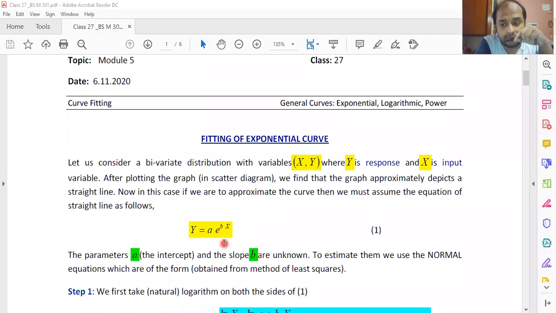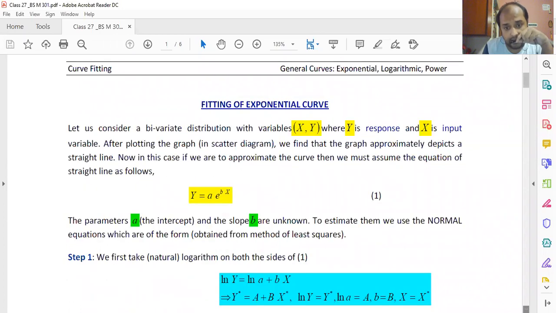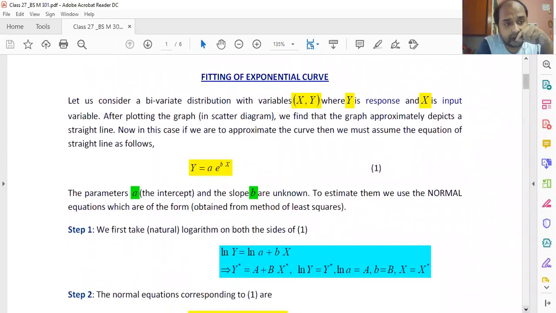For the time being, we shall assume that for the given problem, this exponential curve fitting is possible. But the problem is, if you can remember from our earlier classes, normal equations can be built upon a linear type of equation.